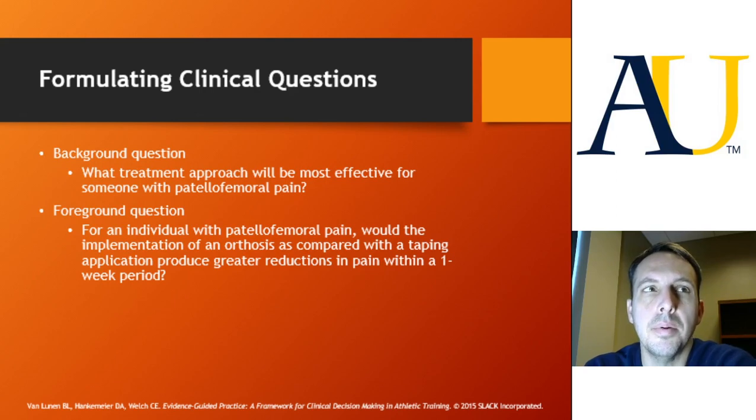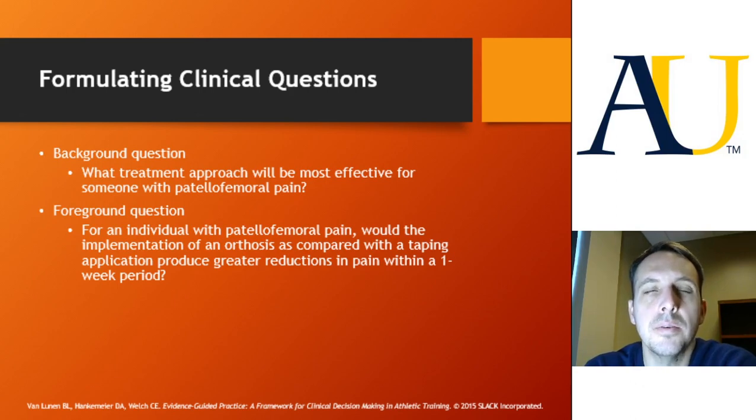And so the example here is what treatment approach will be most effective for someone with patellofemoral pain. What makes this a background question is it really doesn't lead to specific answers or specific ideas. It just creates the background for what we would be trying to figure out.